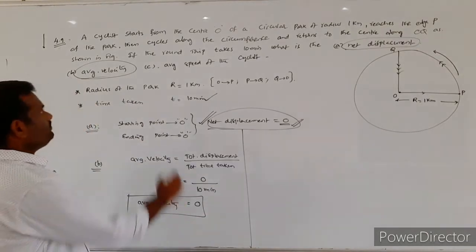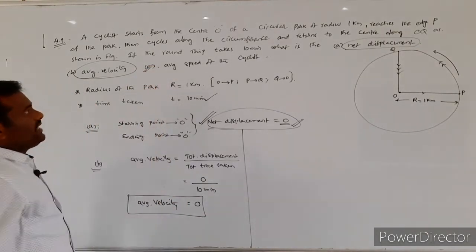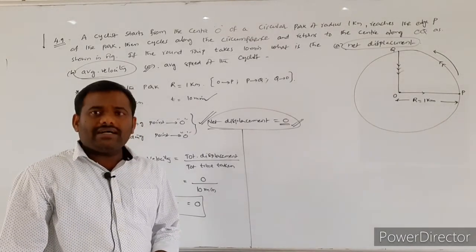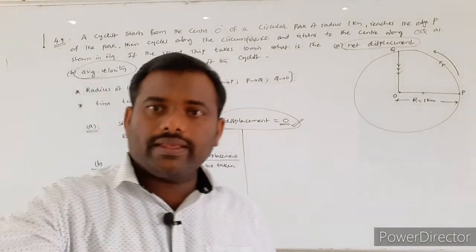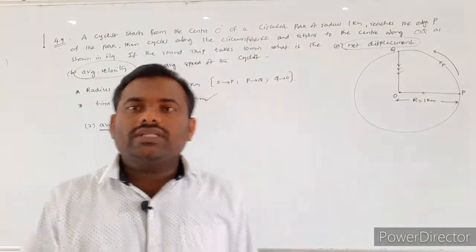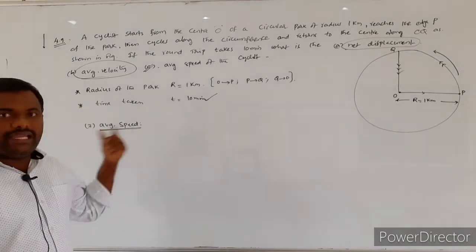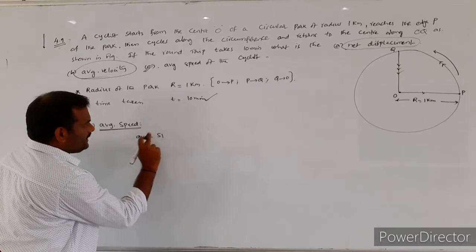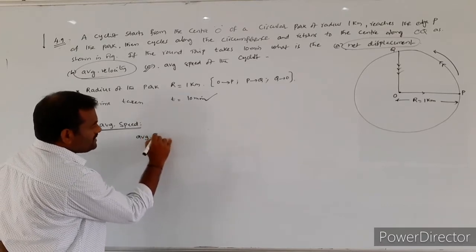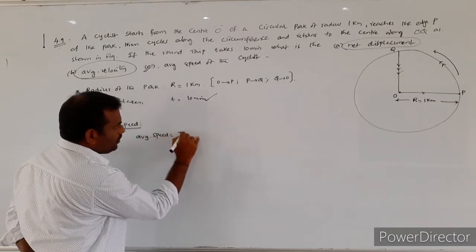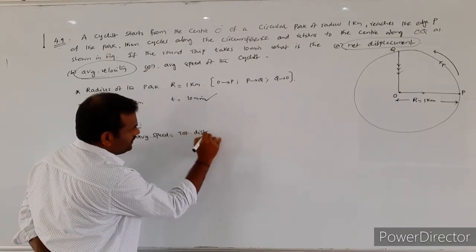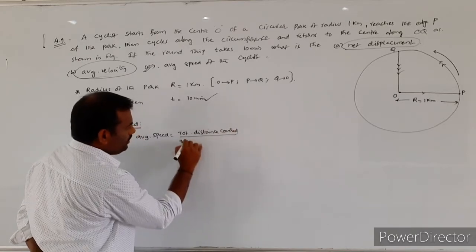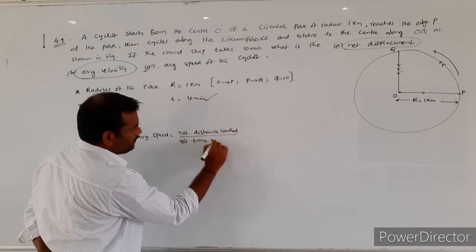Next, the third one. What are they asking? The average speed of the cyclist. So first we will write the basic formula. Average speed is equal to total distance covered by total time taken.